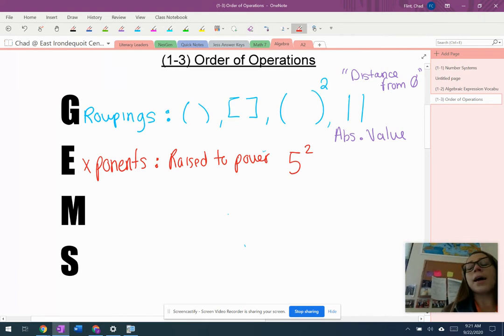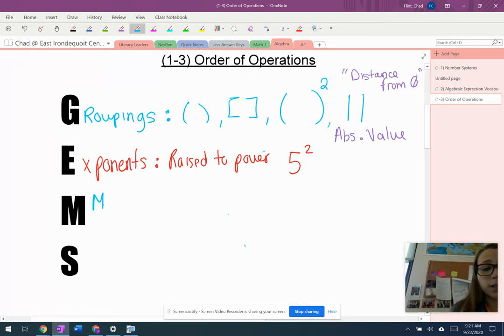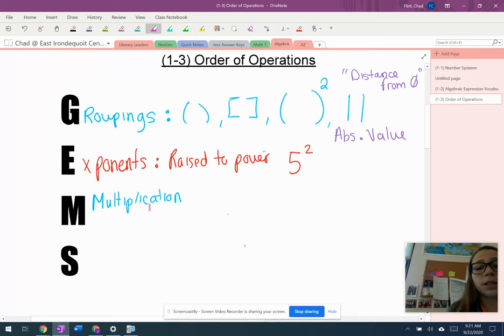And now here, the M, this is where we took PEMDAS and kind of combined the M and the D together. This M stands for not just multiplication, it's multiplication, keyword here, or division.